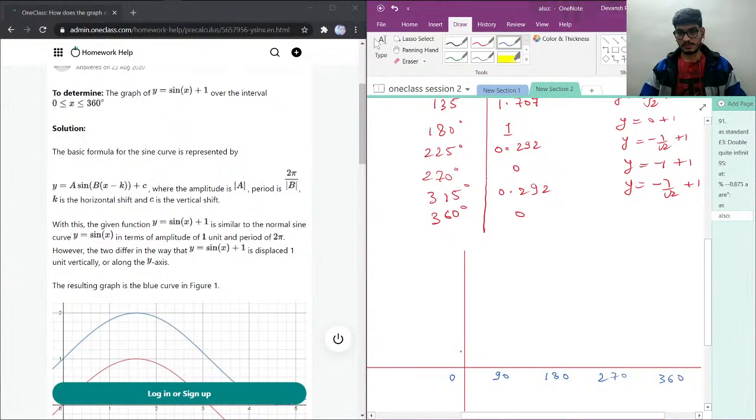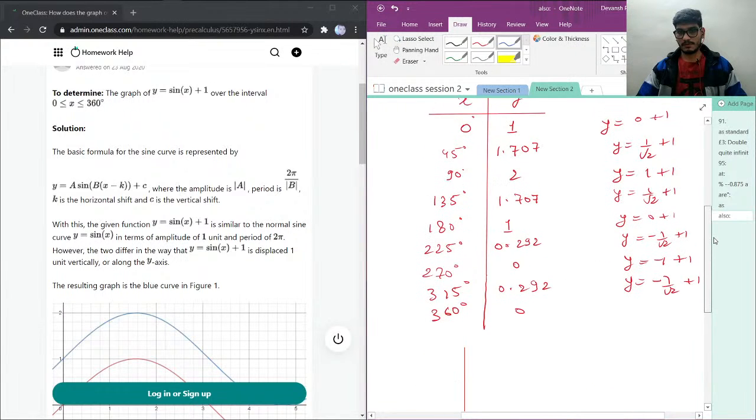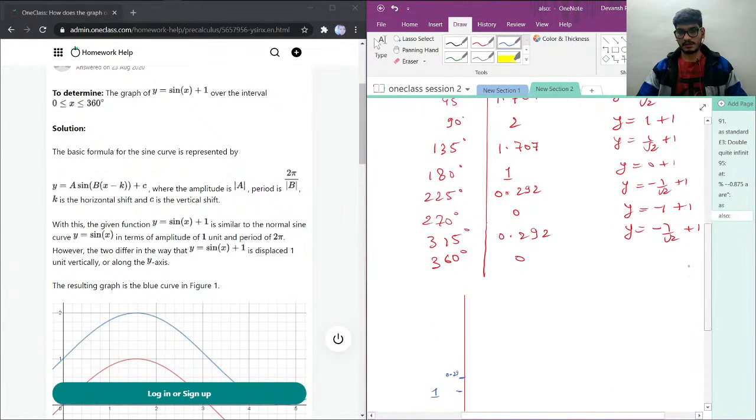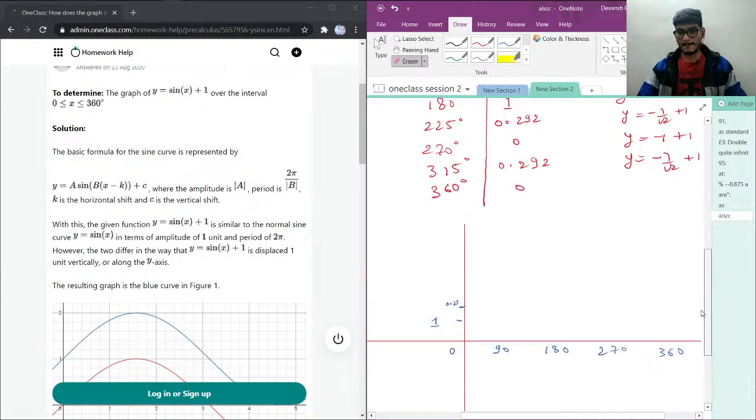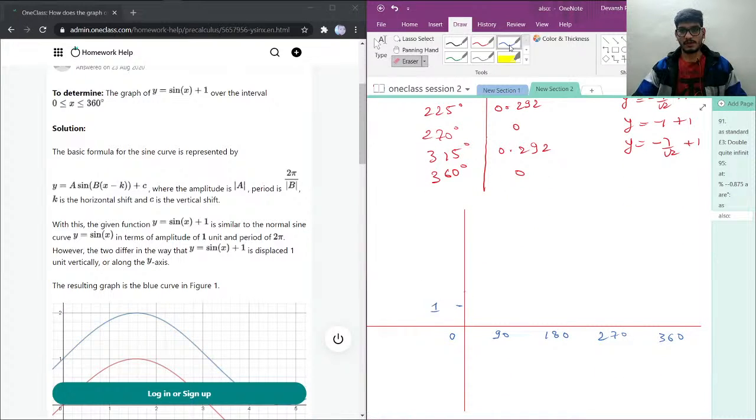So 0, then I have 1, then 0.29, then 1.7, and here I have 2.